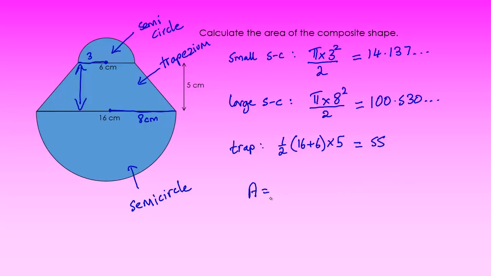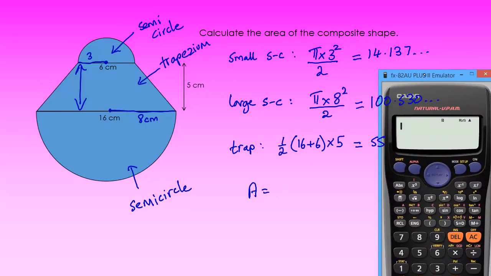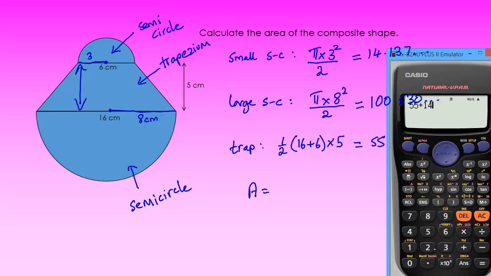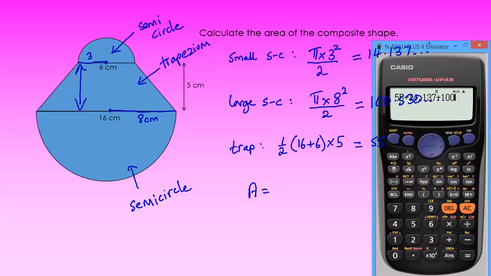So now to get the overall area, we just need to add those up. So we have 55, add 14.137, and then I'm going to add that to the 100.530.